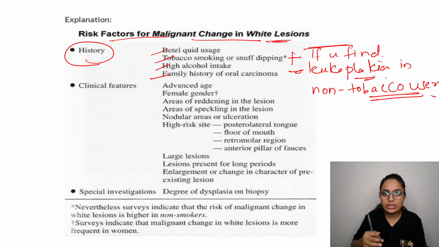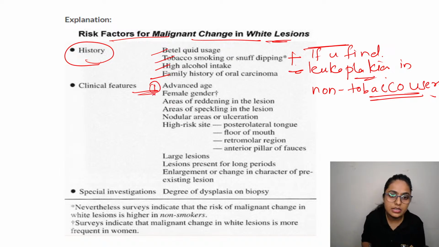Without a tobacco habit, if you locate a leukoplakic lesion, it is a high risk for malignant potential. Then we have clinical features: advanced age. Old people have a higher potential for malignancy. Second, female gender. Third, areas of reddening in the lesion.